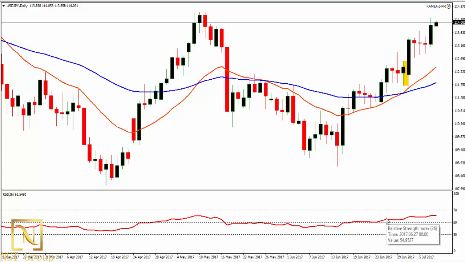RSI is above 50, and we also see the moving average crossover, so that is a telltale sign that everything is bullish. So now we would only want to go bullish.